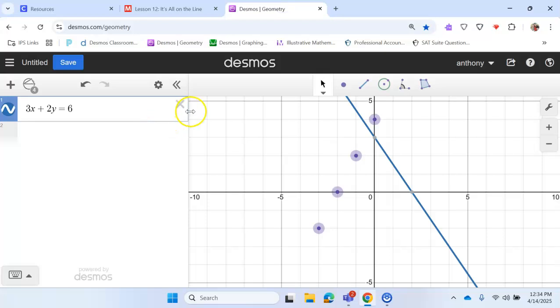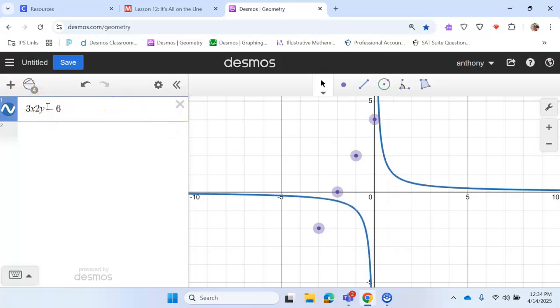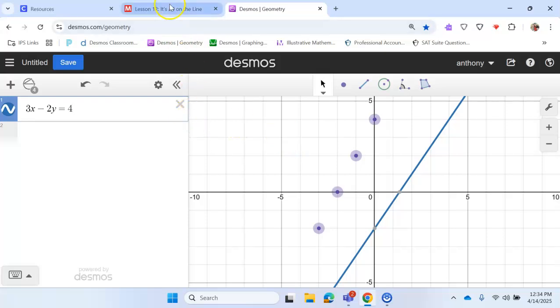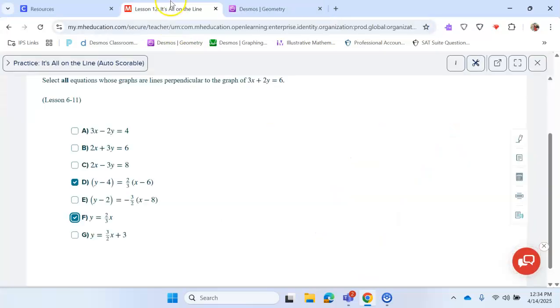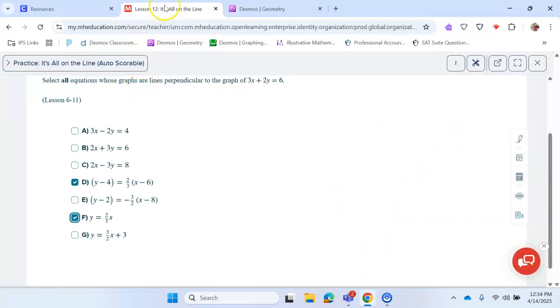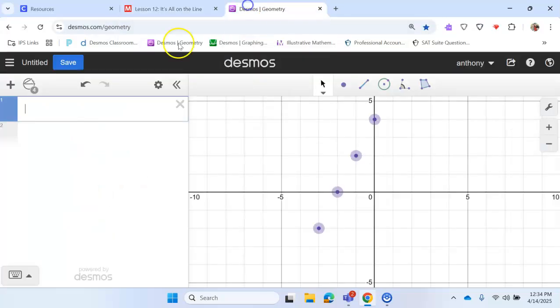3x minus 2y equals 4. You can see that this is not it; this is up 3, right 2, so the slope is 3/2. 2x plus 3y equals 6.